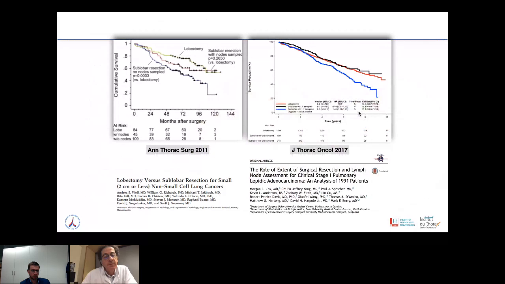So it was demonstrated in 2011 by Wolf and co-workers that if you perform a segmentectomy without lymph node dissection, the results were not good, but the results were equivalent to lobectomy with a lymph node dissection. And in the GTO, a similar study was published 1 year ago.